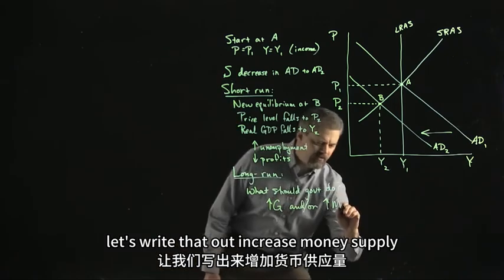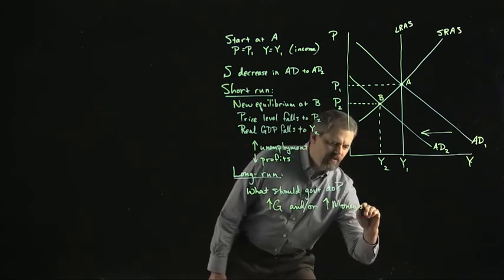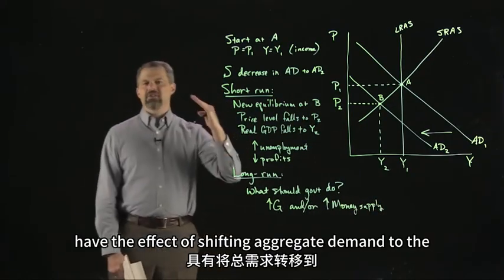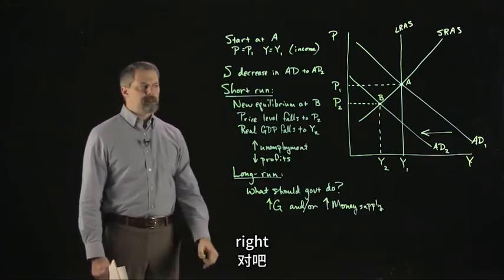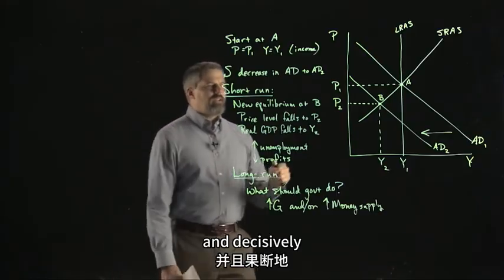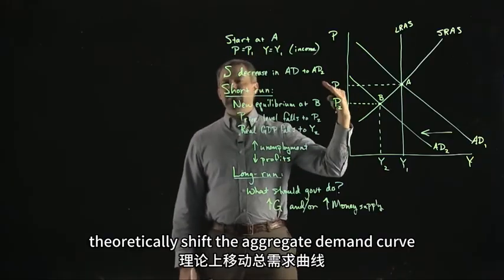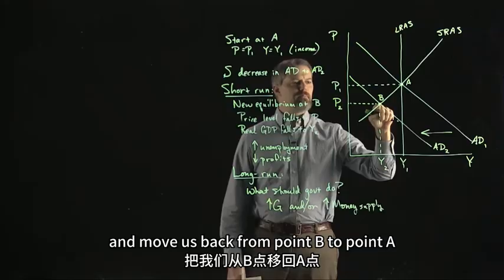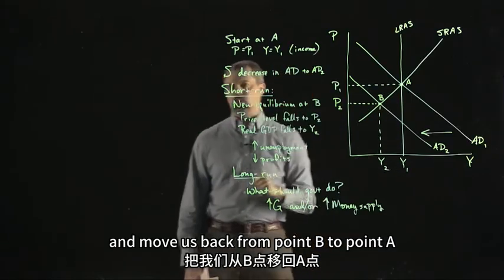Let's write that out. Increase money supply. Both of those things have the effect of shifting aggregate demand to the right. So if the government were to act quickly and decisively, they could theoretically shift the aggregate demand curve back where it came from and move us back from point B to point A.